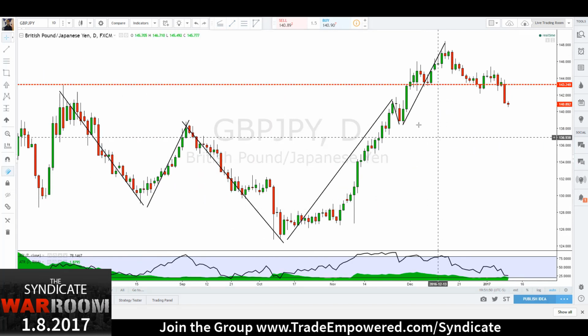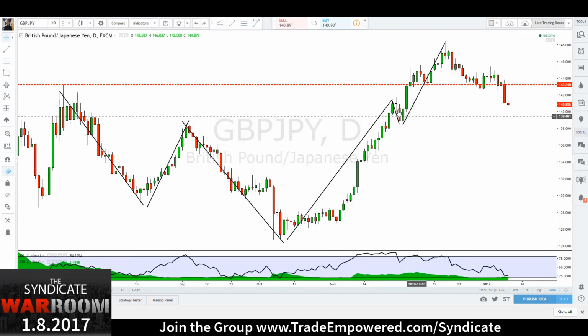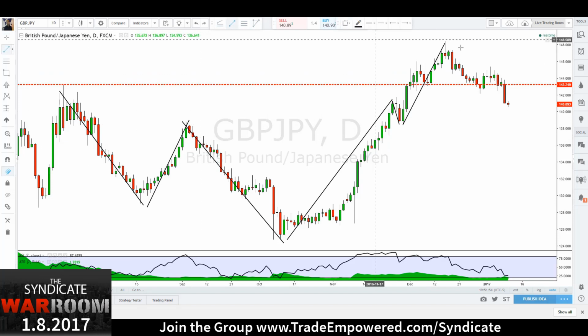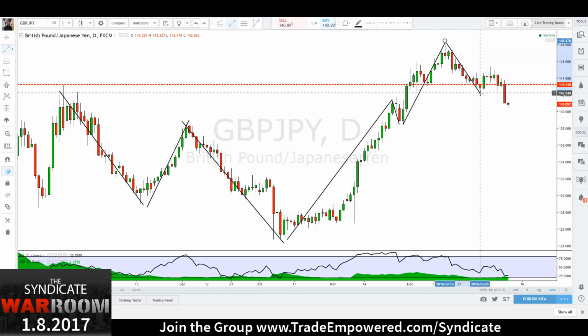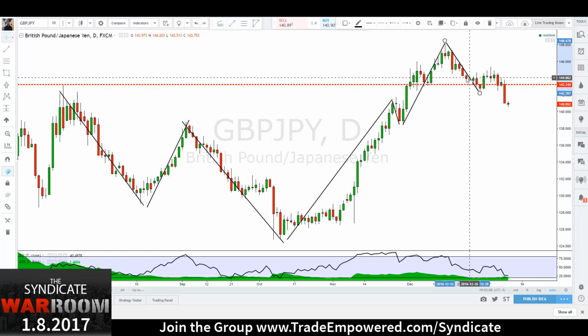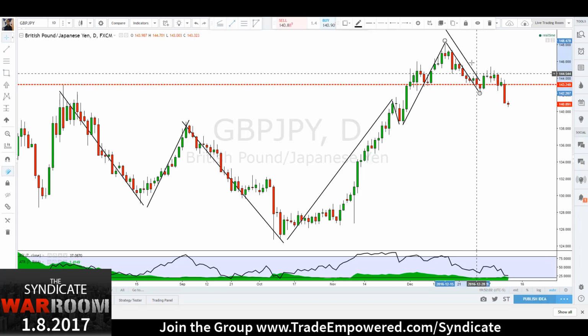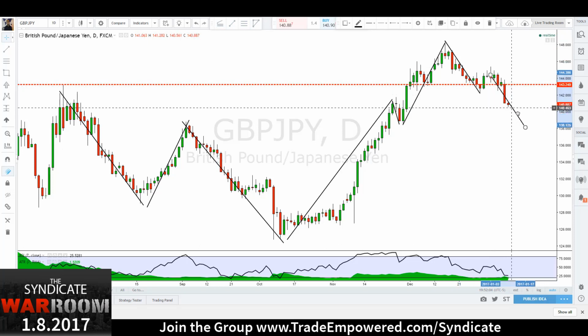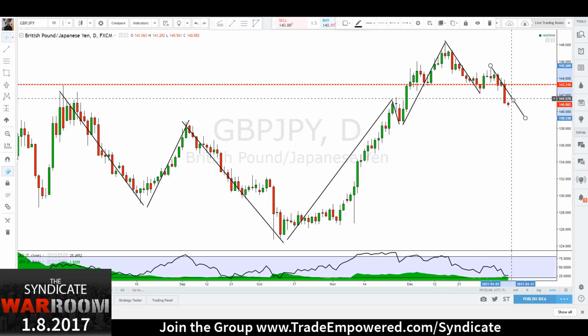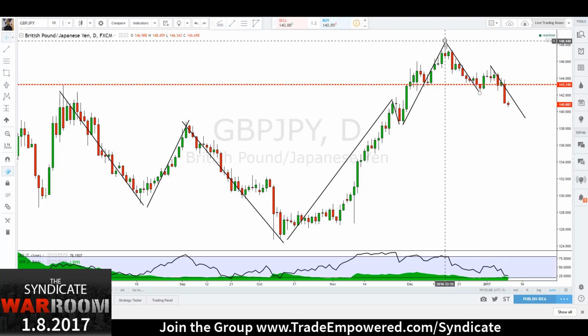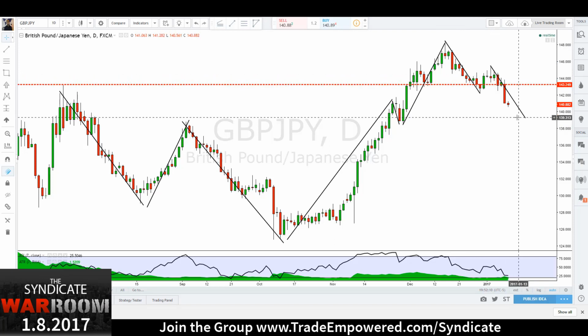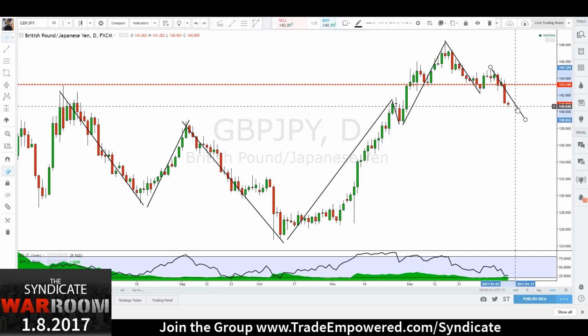We can see our previous level of structure right here, but we can also do this. If I take an equal measured move from my swing high to swing low, and I copy and paste that move, you're going to see that we have an AB equals CD pattern, or a one-to-one measured move. Essentially, the first move, we're projecting that the second move is going to be of equal length, right?